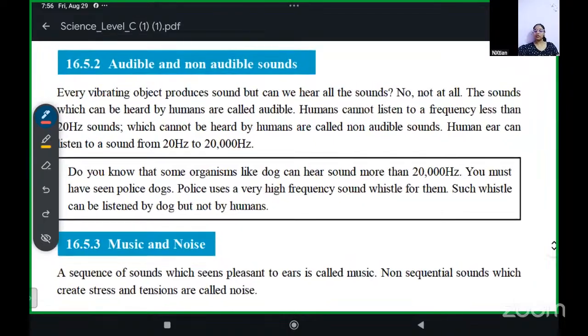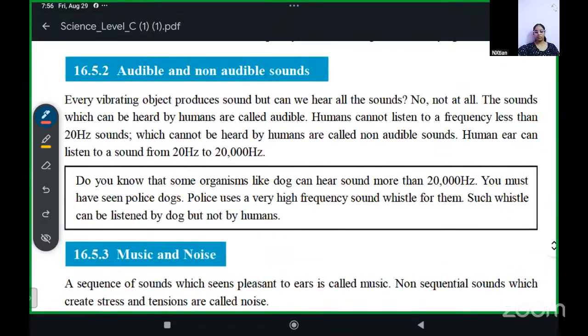Now, audible and non-audible sounds. Every vibrating object produces sound, but can we hear all the sounds? No. The sounds which can be heard by humans are called audible sounds, and the sounds which we cannot hear are known as inaudible or non-audible sounds.